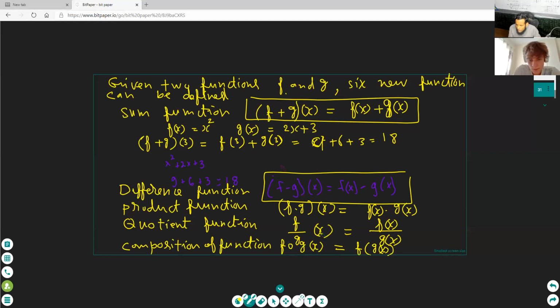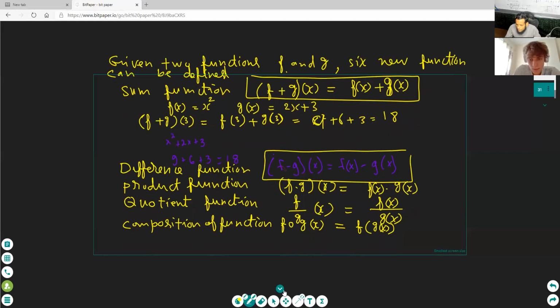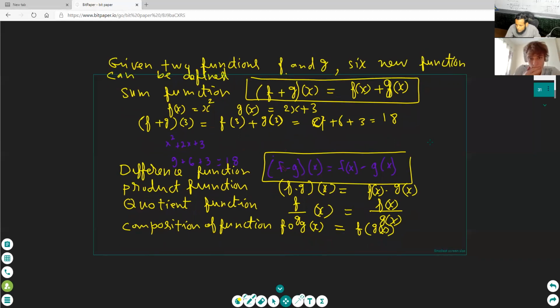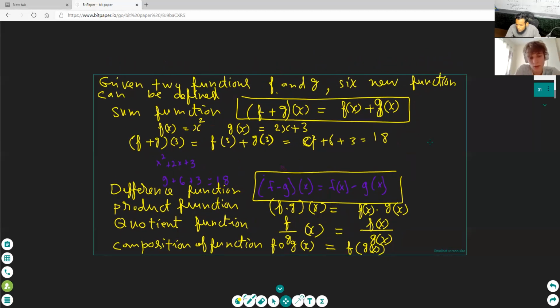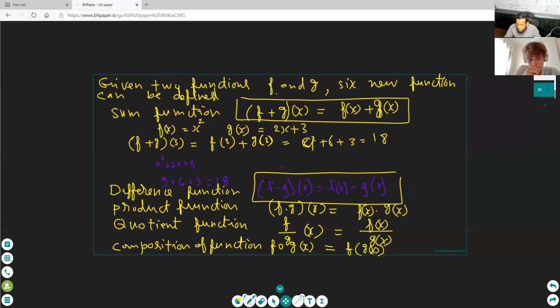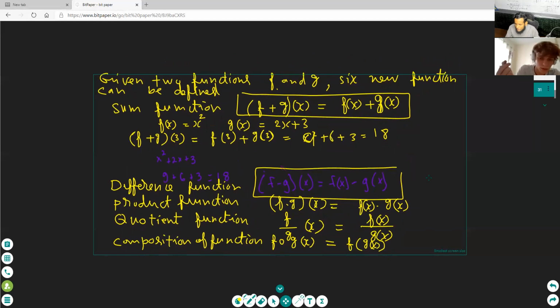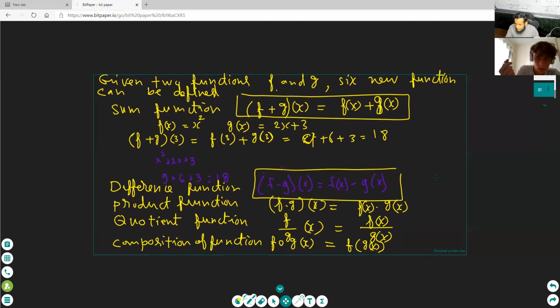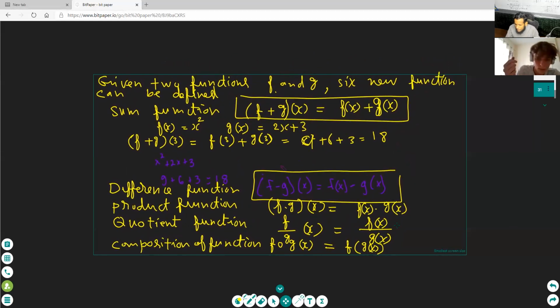You should not move, okay? When we convert it, no problem. When we make the PDF file, then it will be difficult, and this area will not come. Can I see right now? Because I can't see the composition of function. Can you see my writing?